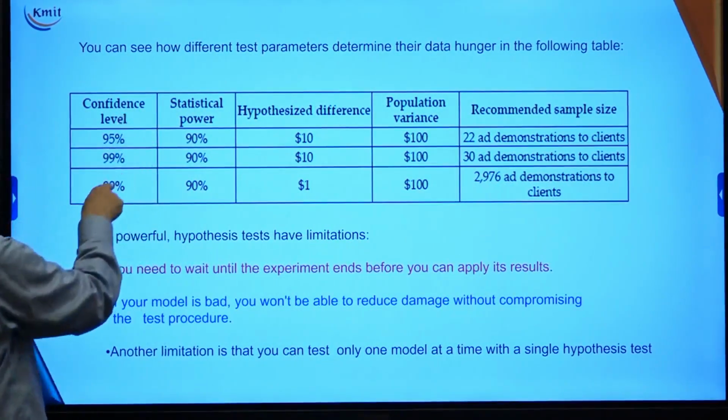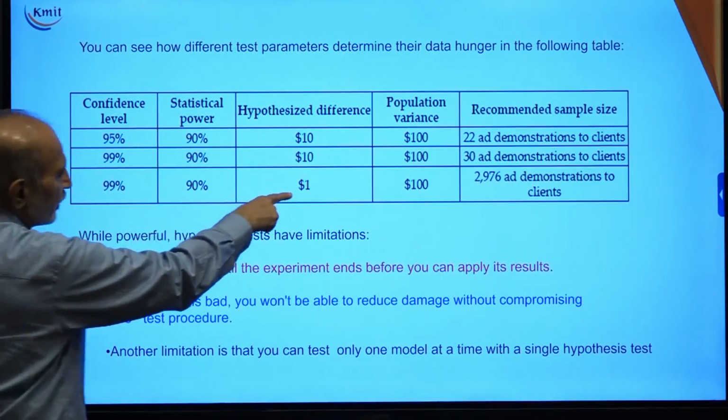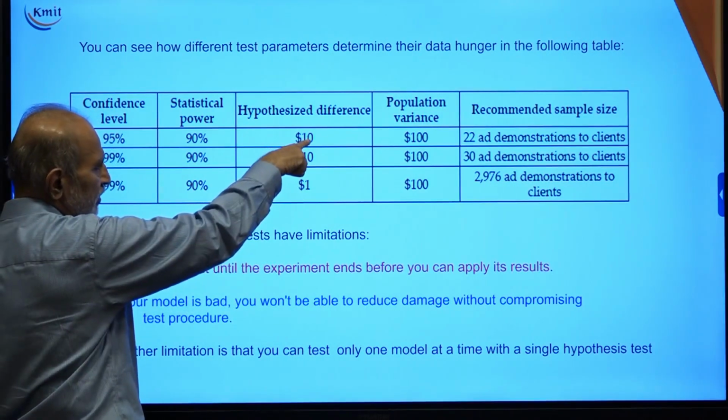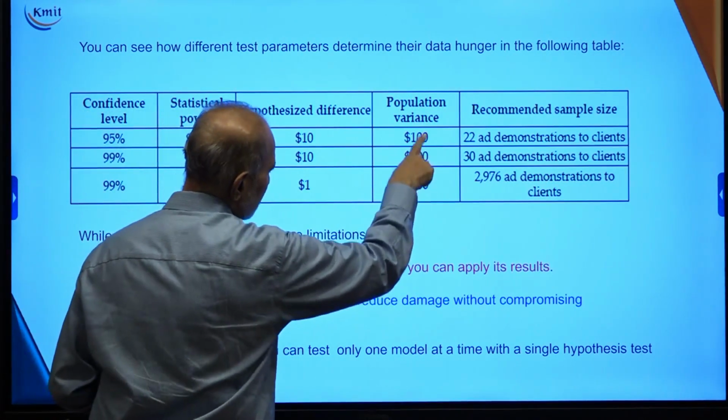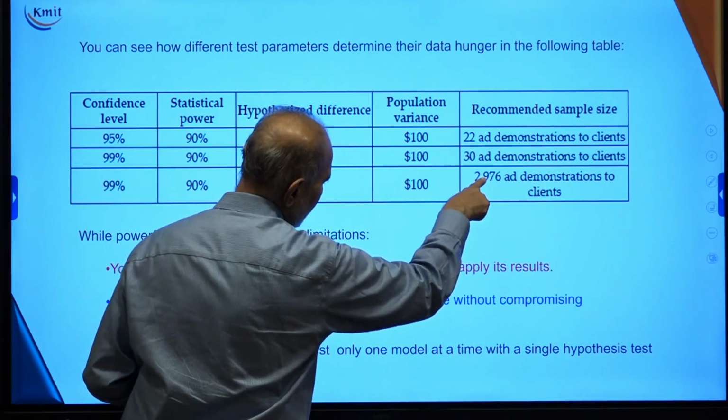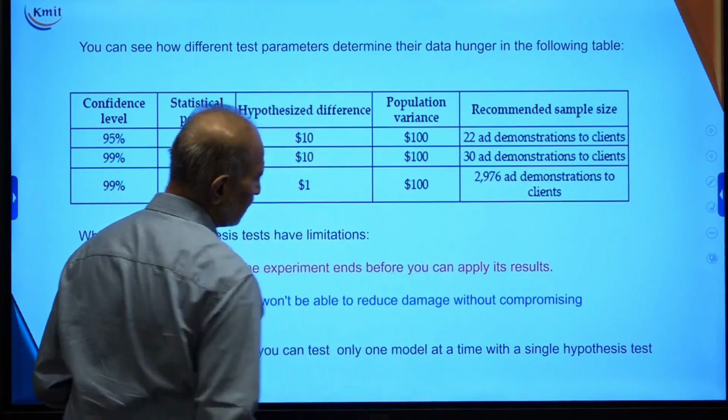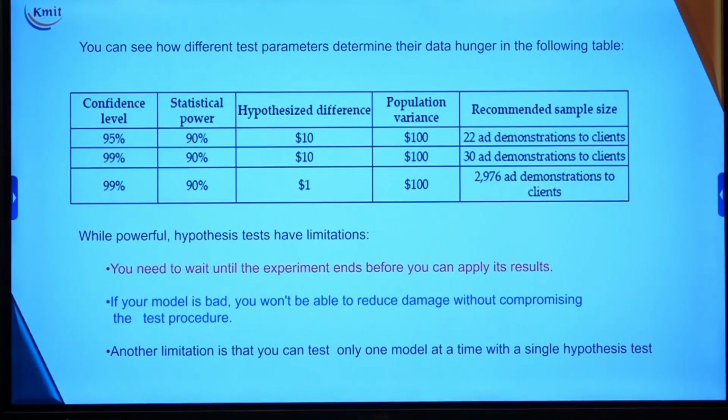Now, look at the confidence level of 99% with a difference of only $1, a reduction from 10 to 1, with the same population variance: 2976 for the demonstration to the client.